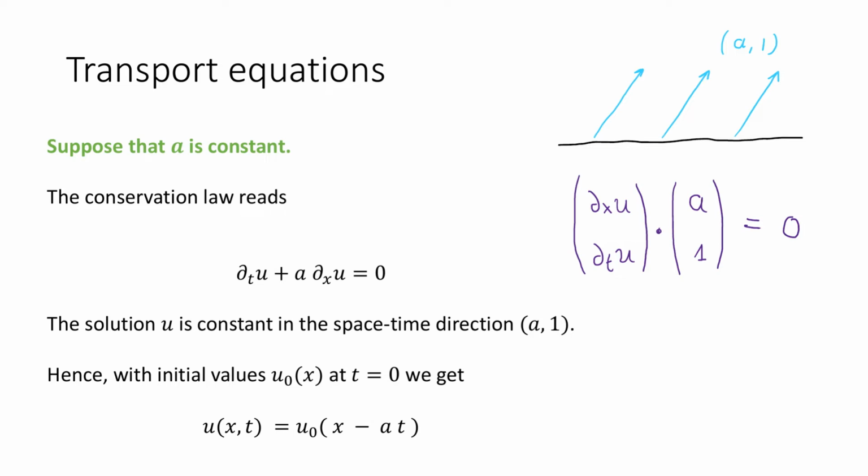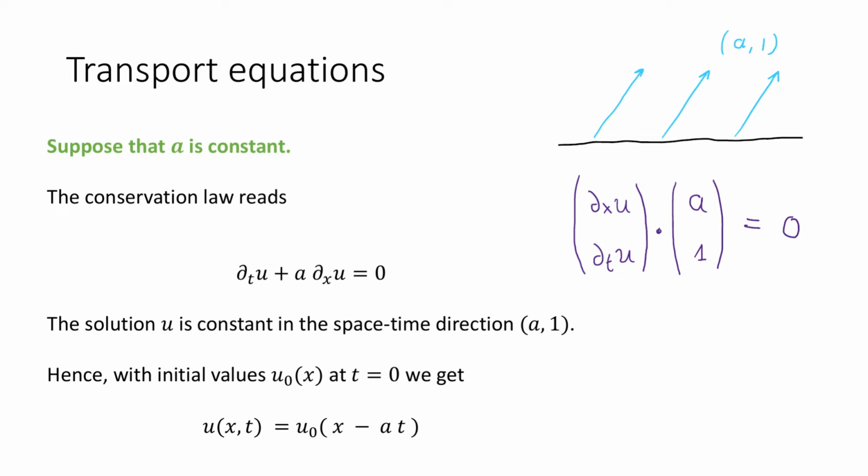This can also be understood as a vector product, also known as scalar product or dot product. If we consider u as a function in x and t, then the Jacobian is a vector with two components, the x derivative of u and the t derivative of u. That is the Jacobian, just a vector.